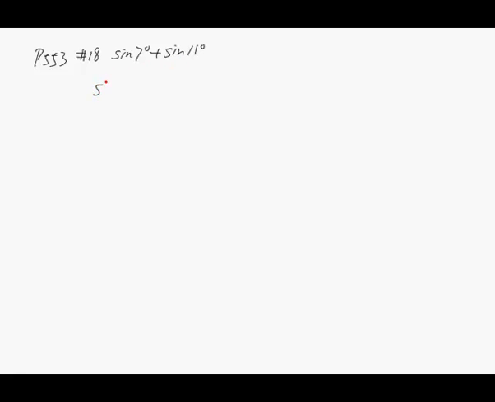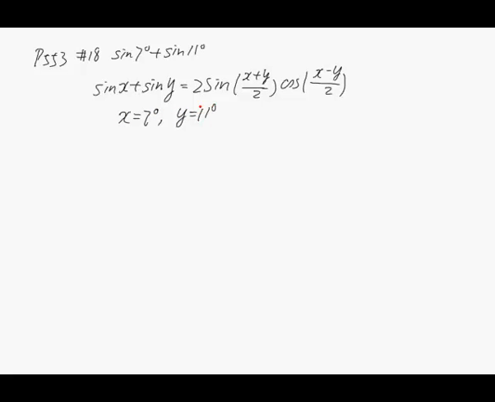We know sine x plus sine y is equal to 2 times sine of (x plus y) over 2 times cosine of (x minus y) over 2. Okay, so now x is equal to 7 degrees, y is equal to 11 degrees.